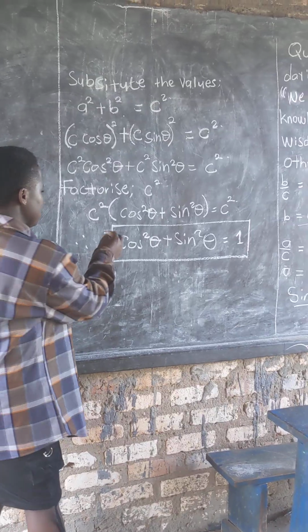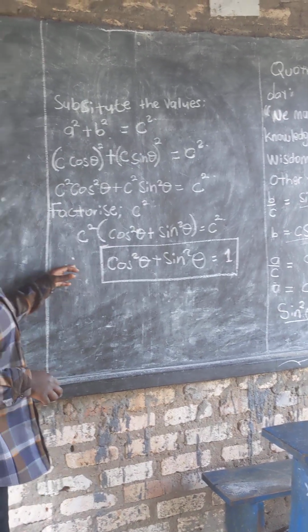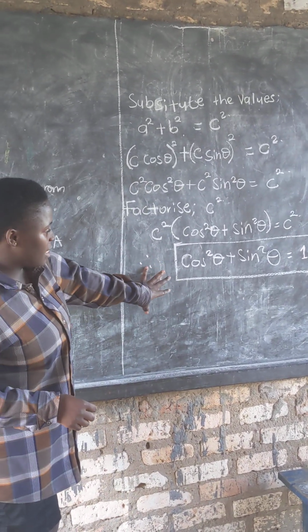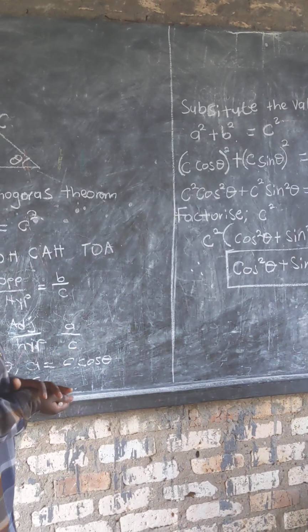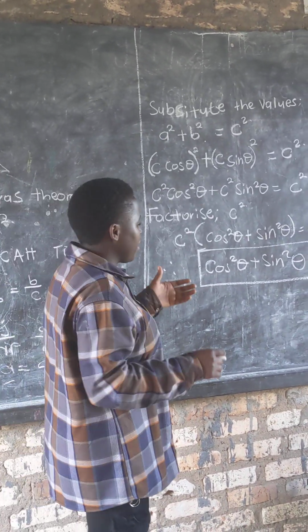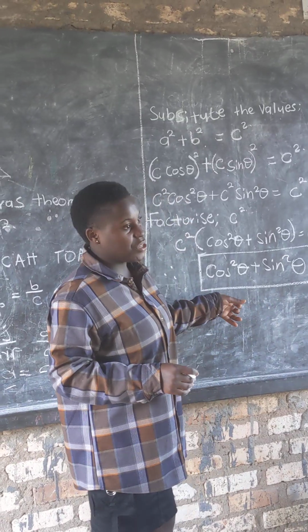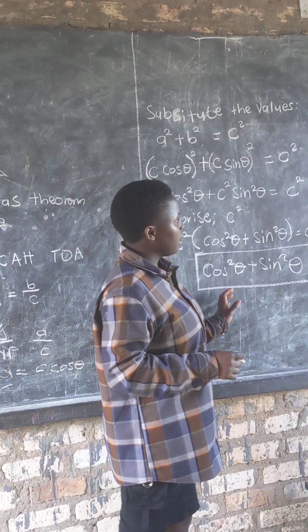When you expand, you go back to the original. This is one of the basic trigonometric identities that every one of you must know, because we are going to exploit more of trigonometry.